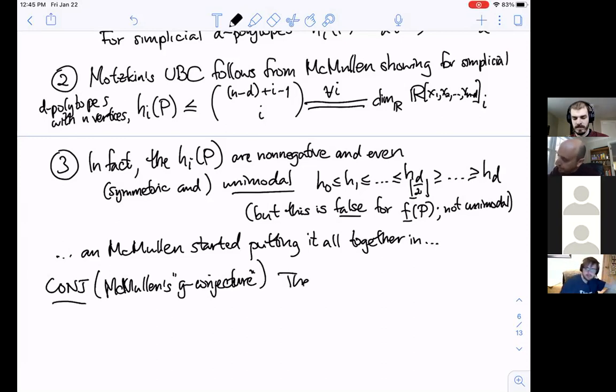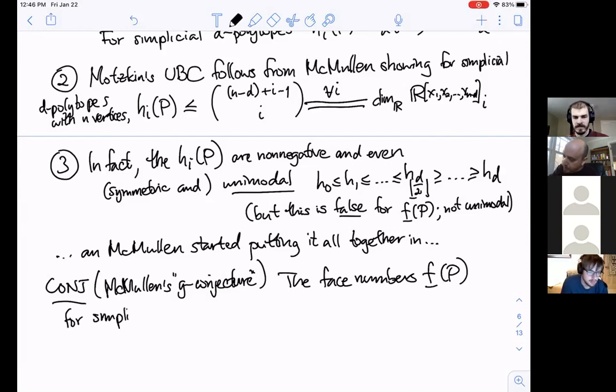He says the face numbers f of P for simplicial d-polytopes, D-dimensional polytopes, are characterized by the following.